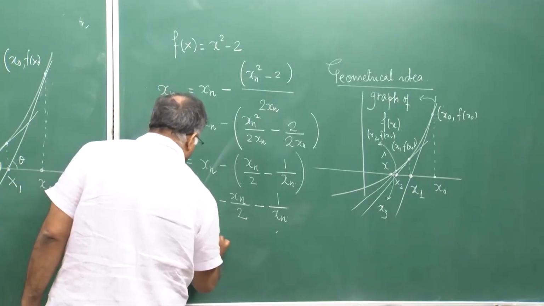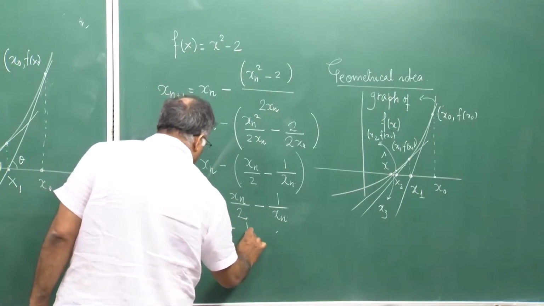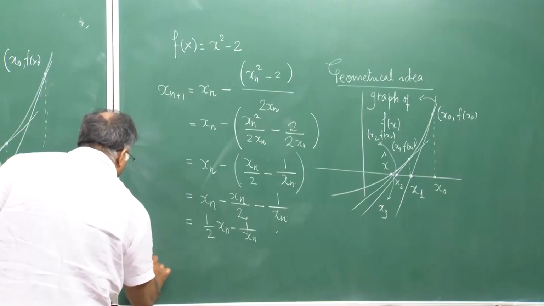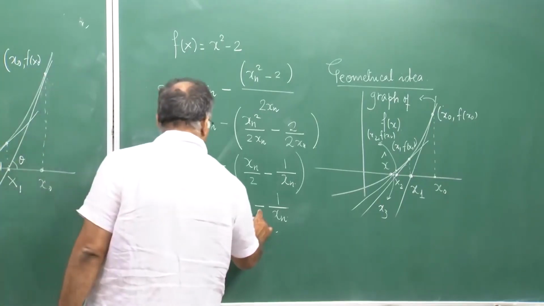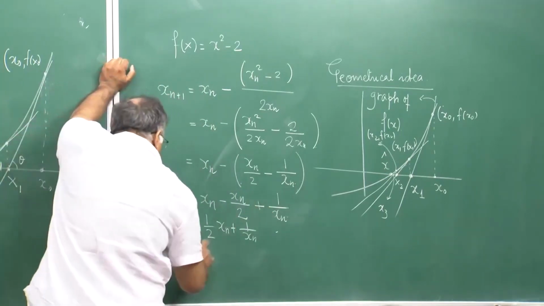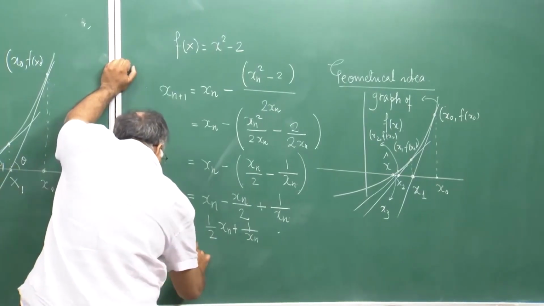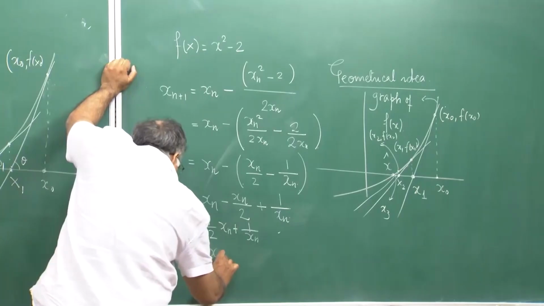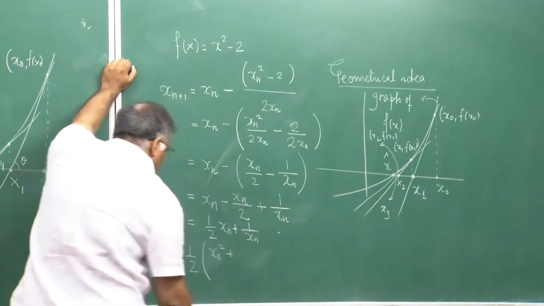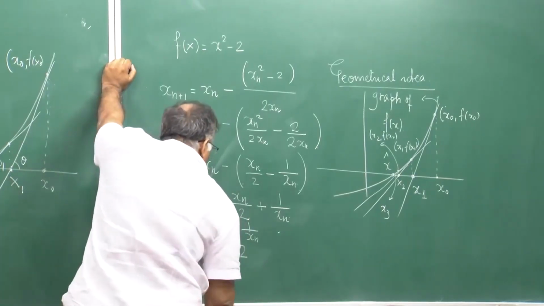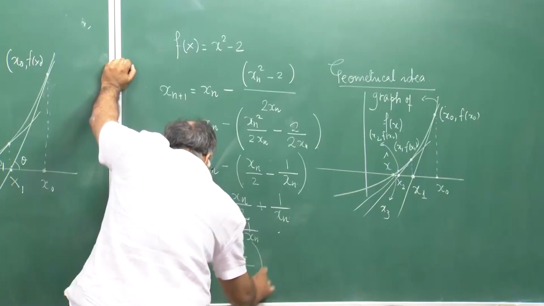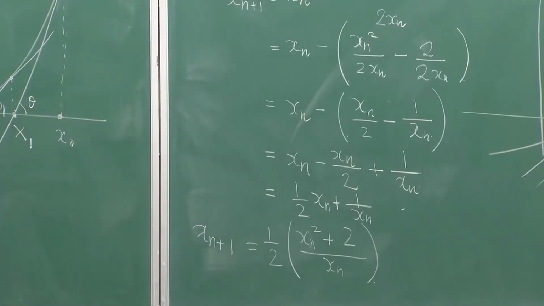Of course, you can say half of xn plus 1 by xn, so x(n+1) is half of (xn square plus 2) by xn. So this is the scheme.